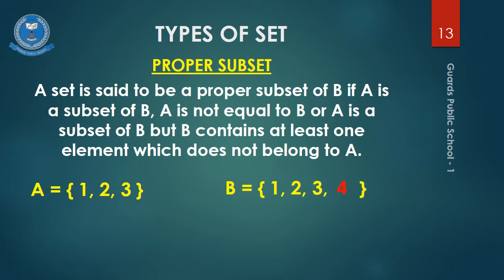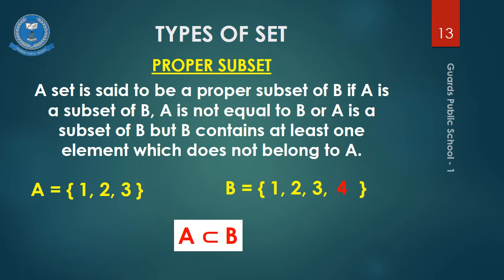Consider the digit 4 of set B. It is not present in set A. It means here A is also a proper subset of B because B contains at least one digit which is 4 and this 4 is not present in set A. It is also an example of proper subset.